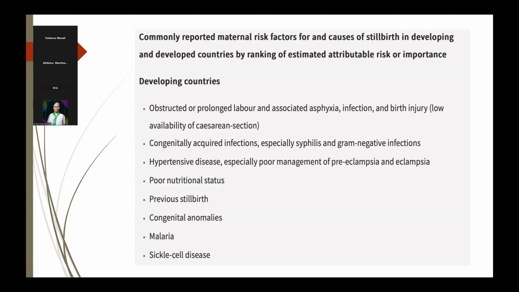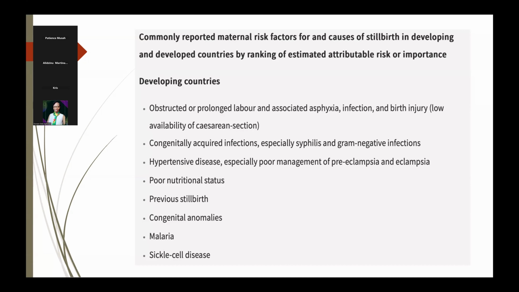Here I've tried to map the risk factors common in developing countries that cause stillbirth as against developed countries. In developing countries, the most common ones are obstructed labor or prolonged labor. Then we also have infections like syphilis and HIV/AIDS.